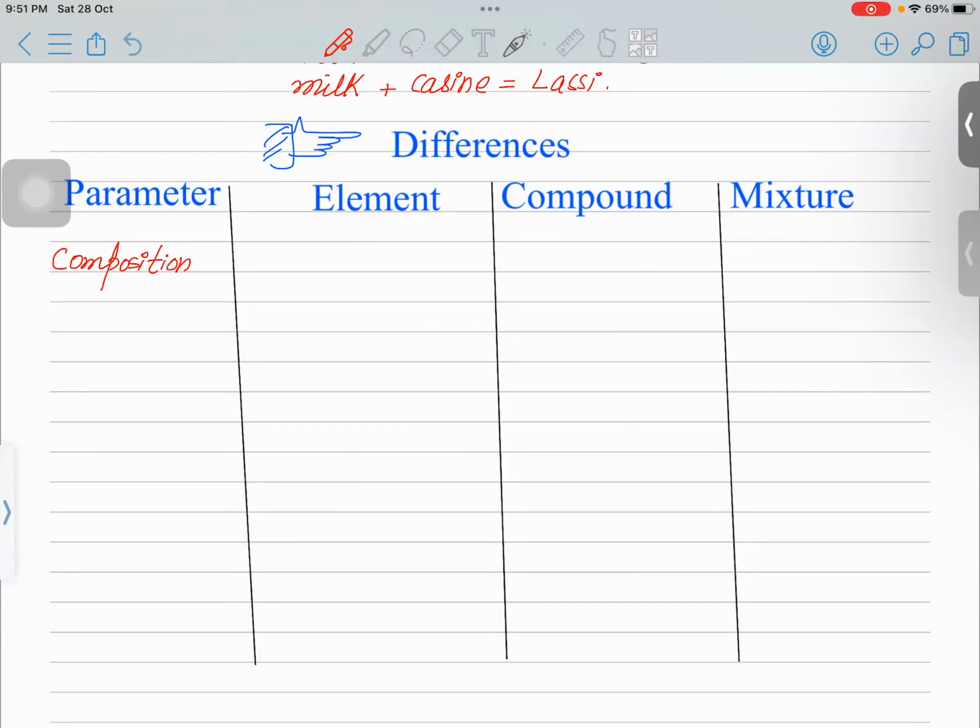Parameter means how can you differentiate, what are the points to distinguish these three, right?